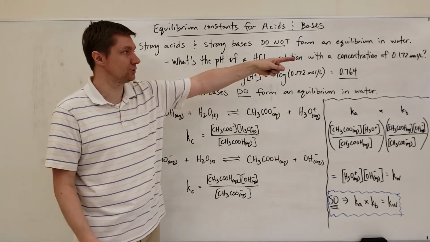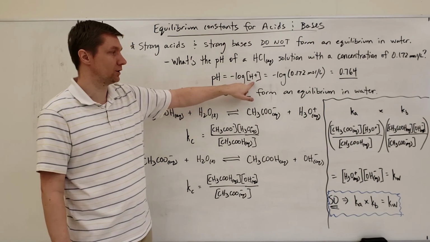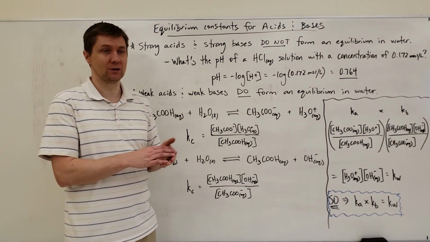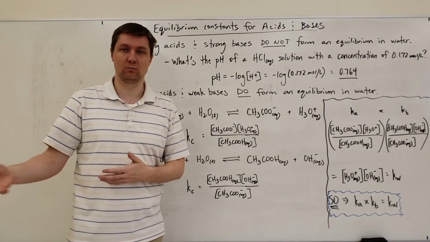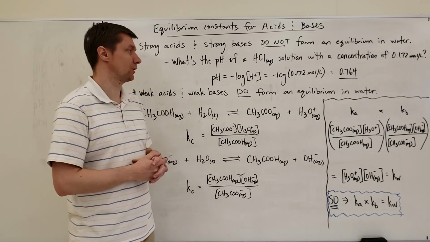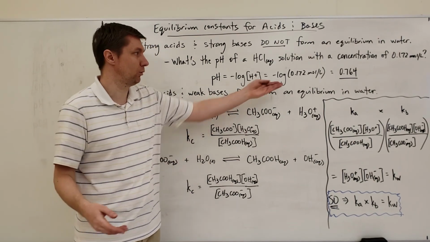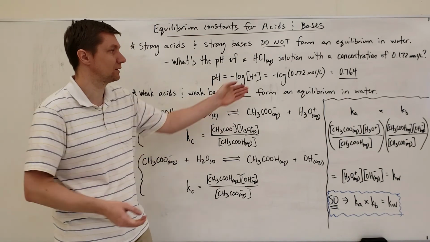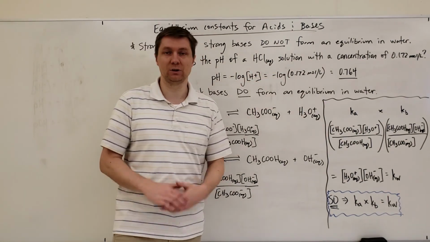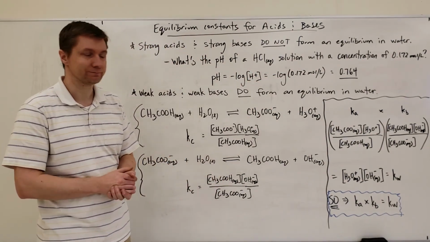I know that the concentration of HCl is going to equal the concentration of H+, because 1 mole of this is going to make 1 mole of H+, and so the concentration of H+ will be the same, 0.172 moles per liter. I can take the negative log of that, and I end up with a pH of 0.764.